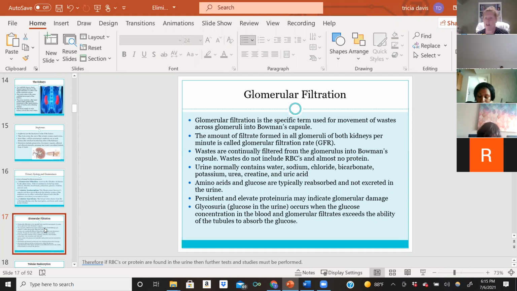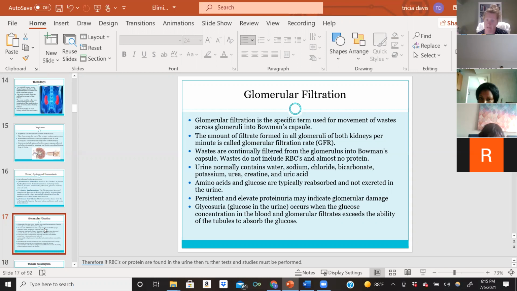So we don't say glomerular filtration rate in the hospital, we say GFR all the time. That's just how we say it. The waste in our body is continuously being filtered from that glomerulus into that Bowman's capsule. Wastes do not include red blood cells and almost no protein.